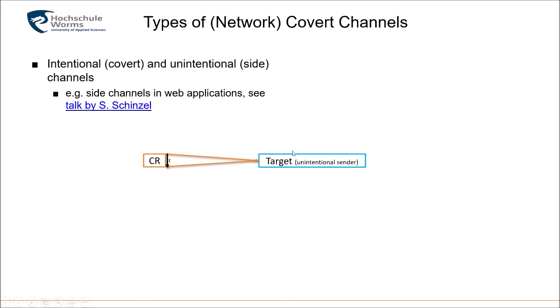So the target system needs to perform more actions, or in other words, needs to invest more CPU time. And then the reply will take slightly longer. So delta T will be higher, and the covert receiver can try to measure this. So this is an unintentional information sending process going on here, and that can be exploited to determine, for instance, which usernames exist and which do not exist.